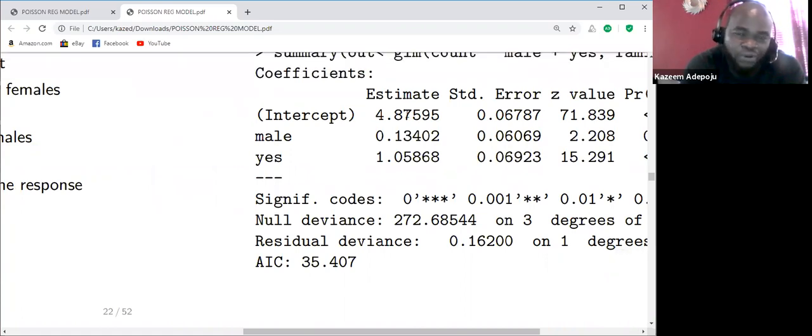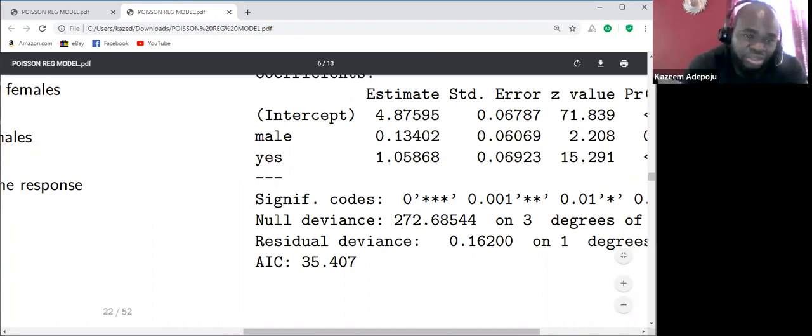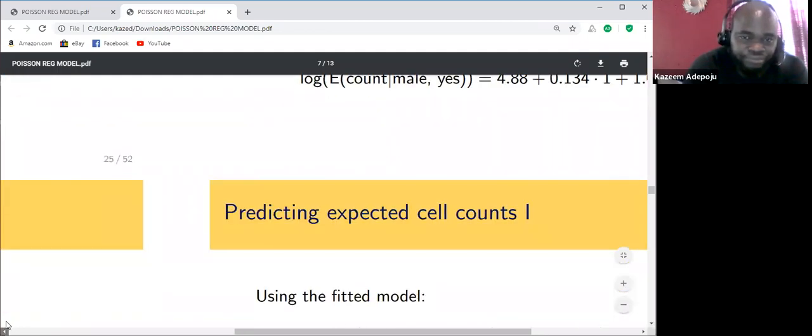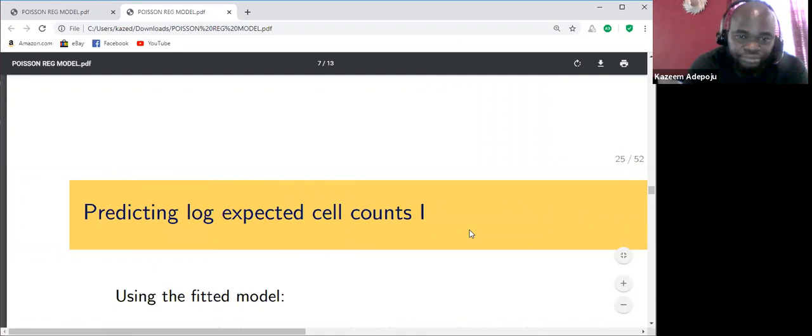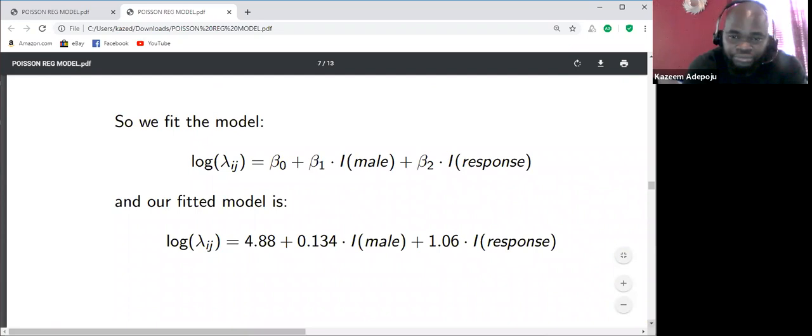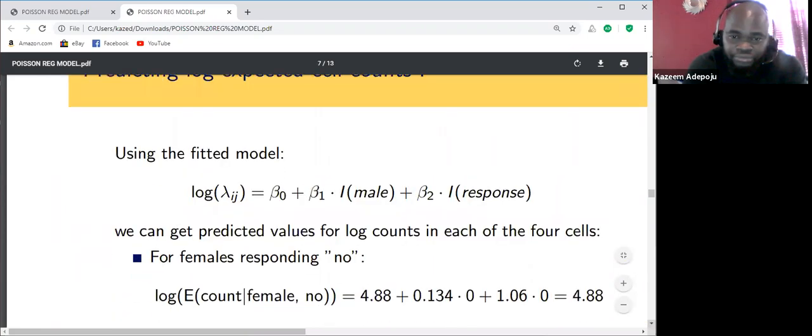I told you before that I put female and the responding no in the control group, and that is actually the intercept, 4.88.